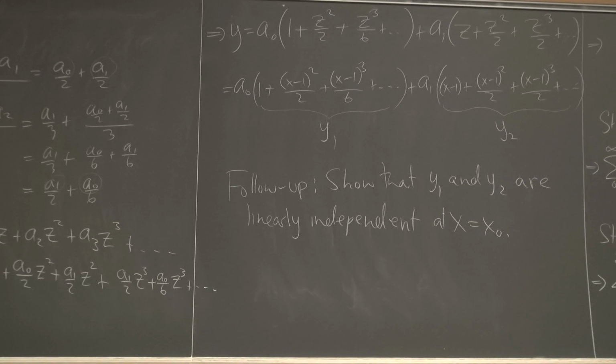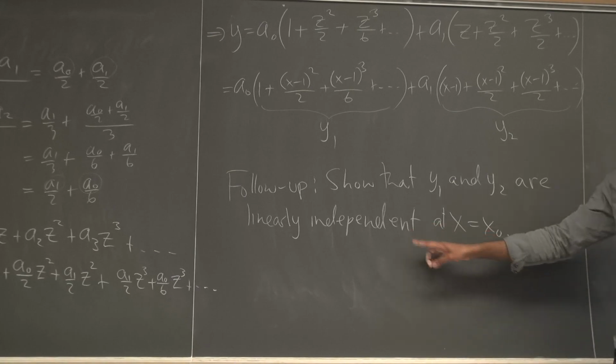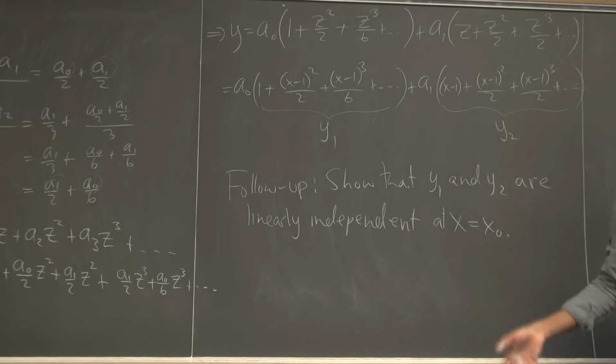How would you do that? Find the Wronskian. Or I could have also asked something like, show that they form a fundamental set of solutions at this point, or something like that, right?